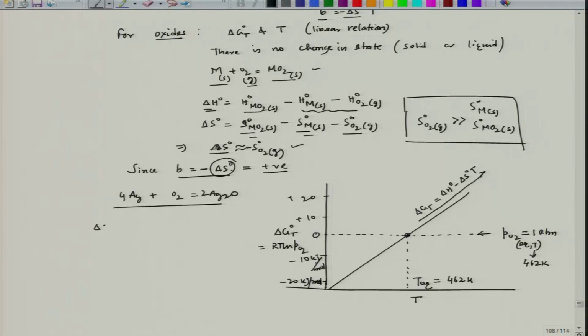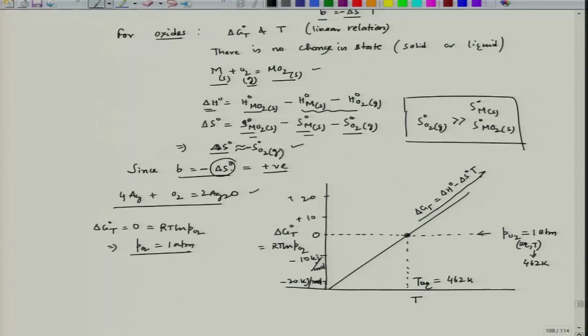So, now del G 0 T equals 0, which from this equation R T ln PO2 means PO2 equals 1 atmosphere. So, this is the equilibrium partial pressure.